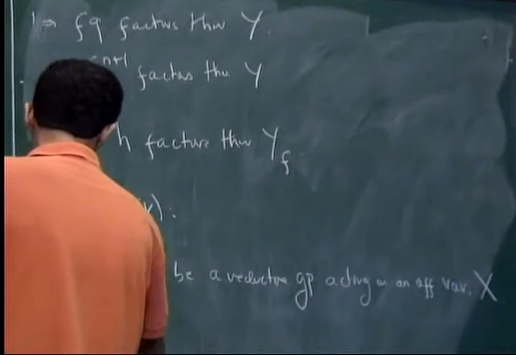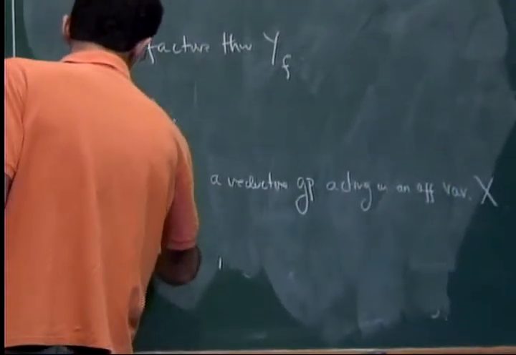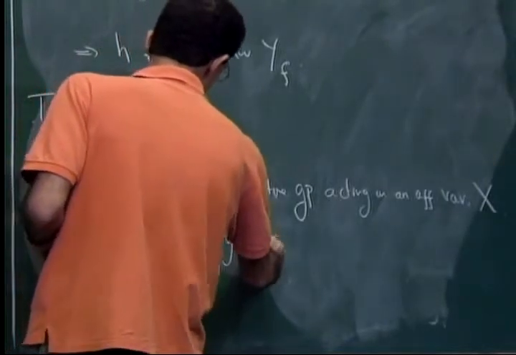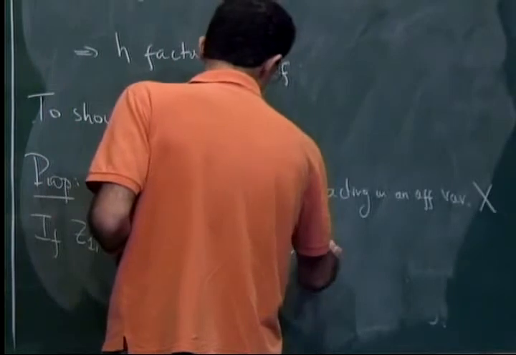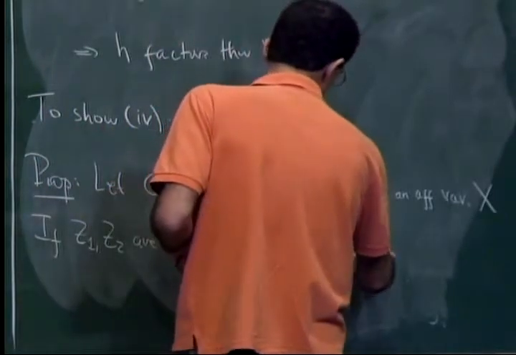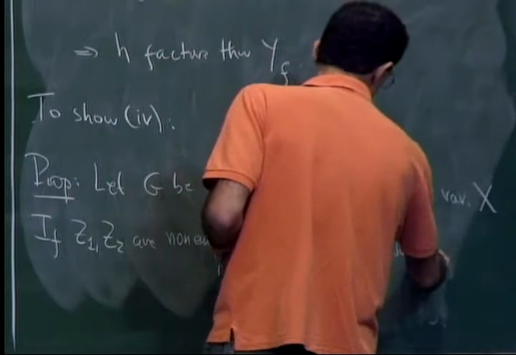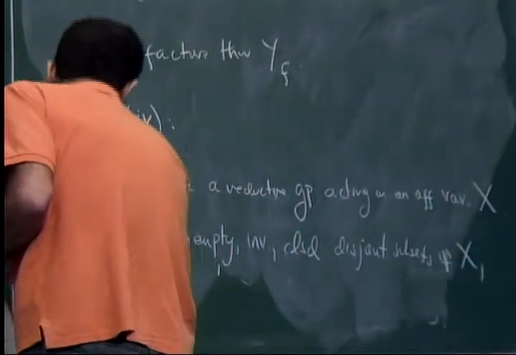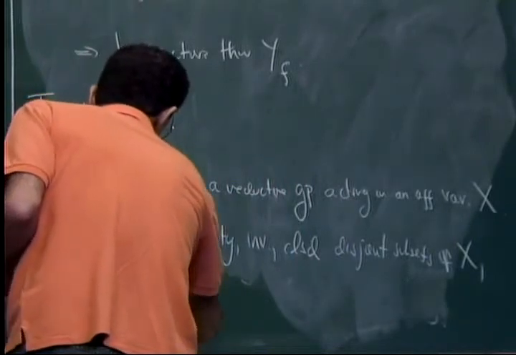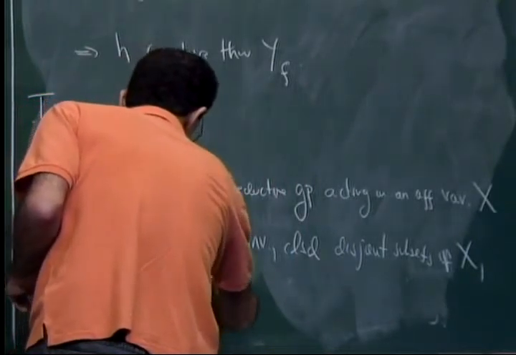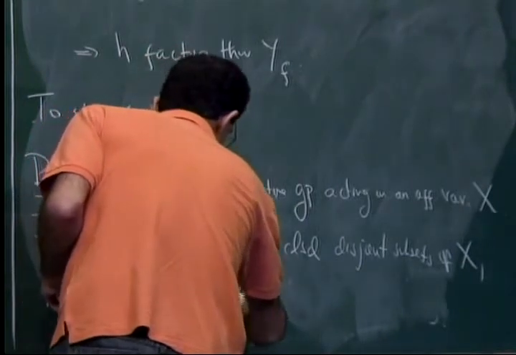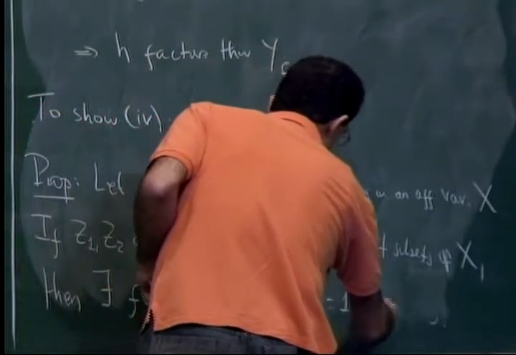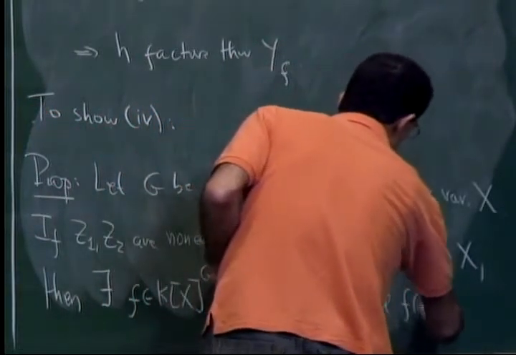And if Z1 and Z2 are non-empty, invariant, closed, disjoint subsets of X, then there is an invariant function f on X such that f of Z1 is 1 and f of Z2 is 0.